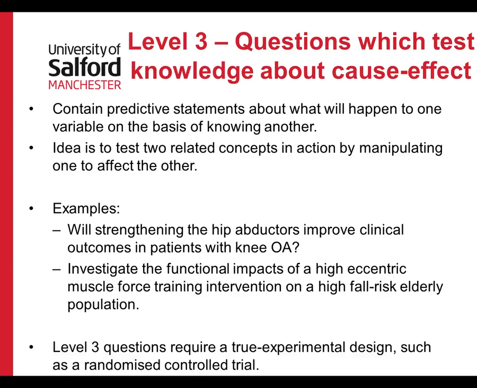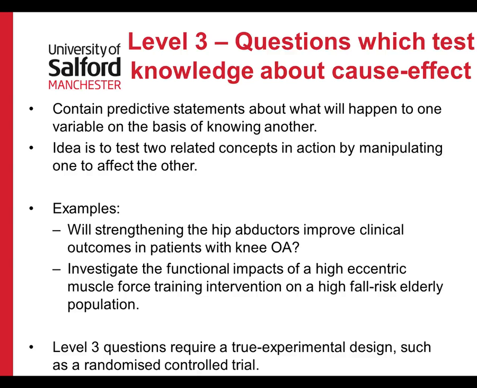Similarly, we could ask the question about what are the effects of a high eccentric muscle force training program on a high fall risk elderly population. Again, in this scenario, as an experimentalist, we would be manipulating something. We would be giving individuals this high eccentric muscle force training program and understanding the effect it had on variables which quantified fall risk in a particular population, in this case an elderly population.